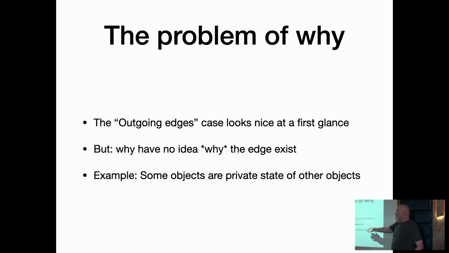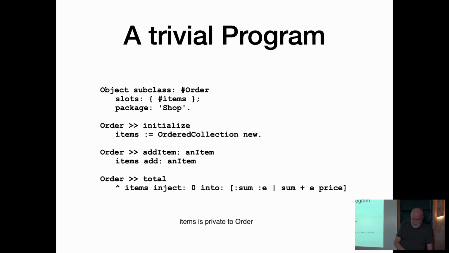So for example, and that's a bit the running example of the talk, some objects are actually private state of other objects. As we will see later, I have a very trivial program that shows that. Imagine we have an order class with items. The items is an ordered collection. We have an addItem method, and then, for example, total, to get back the number of items.